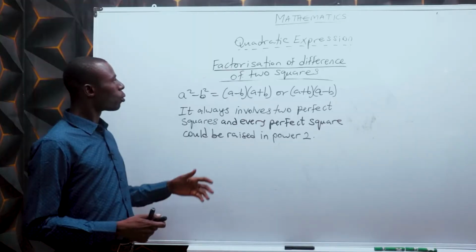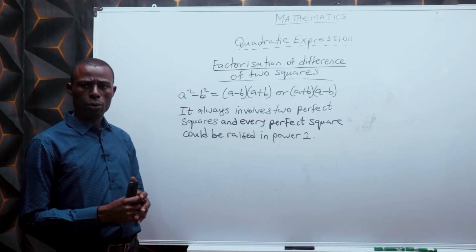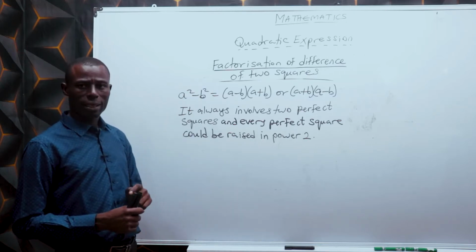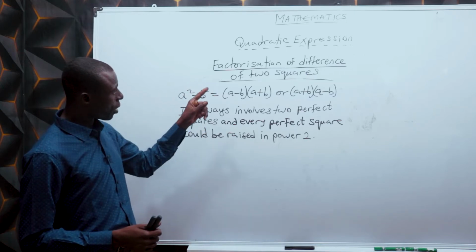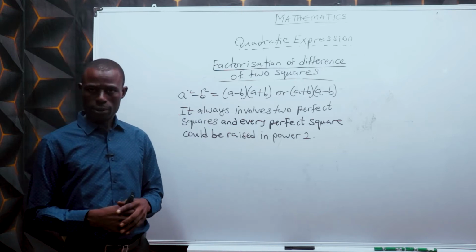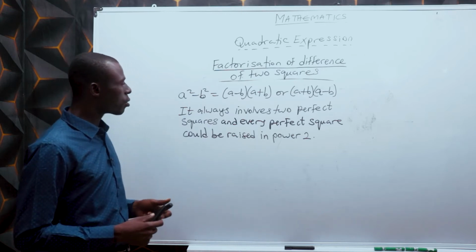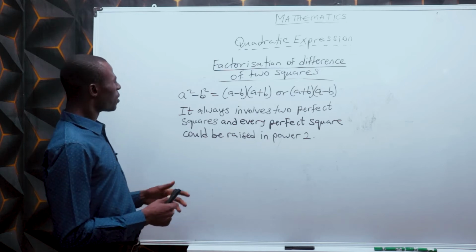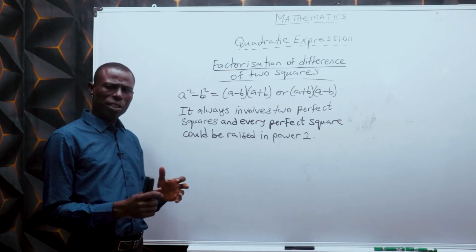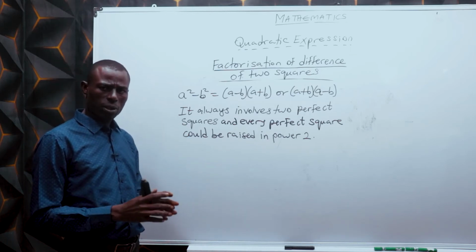We now come to another subtitle under quadratic expression. We call it factorization of difference of two squares. See, in this, there is a principle of difference of two squares.